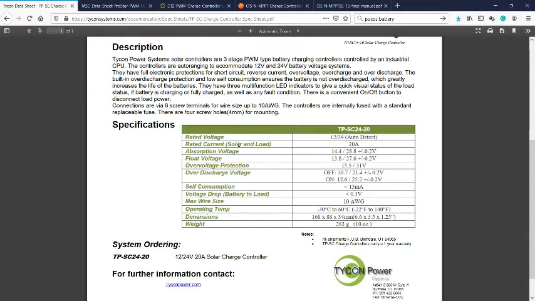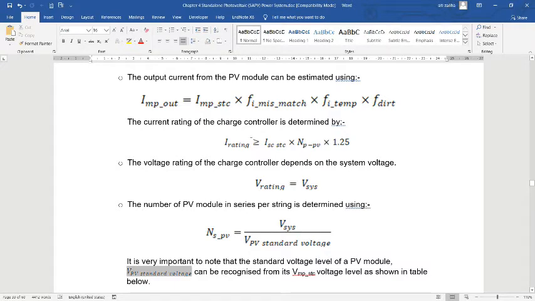So let's see the current rating or the rated current, which is 20 ampere. So from this value, you already calculated in the notes. So make sure the current rating should be greater than what you calculate here.